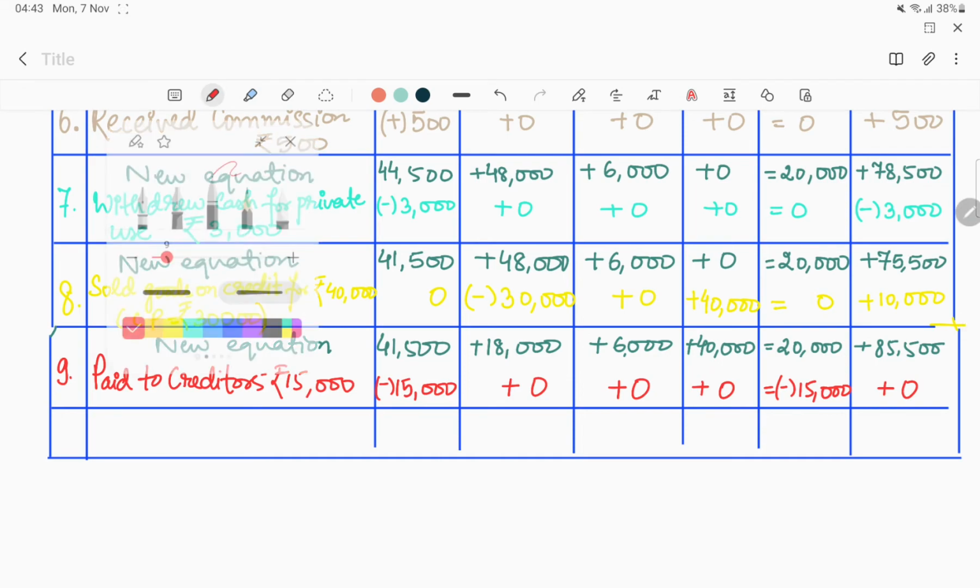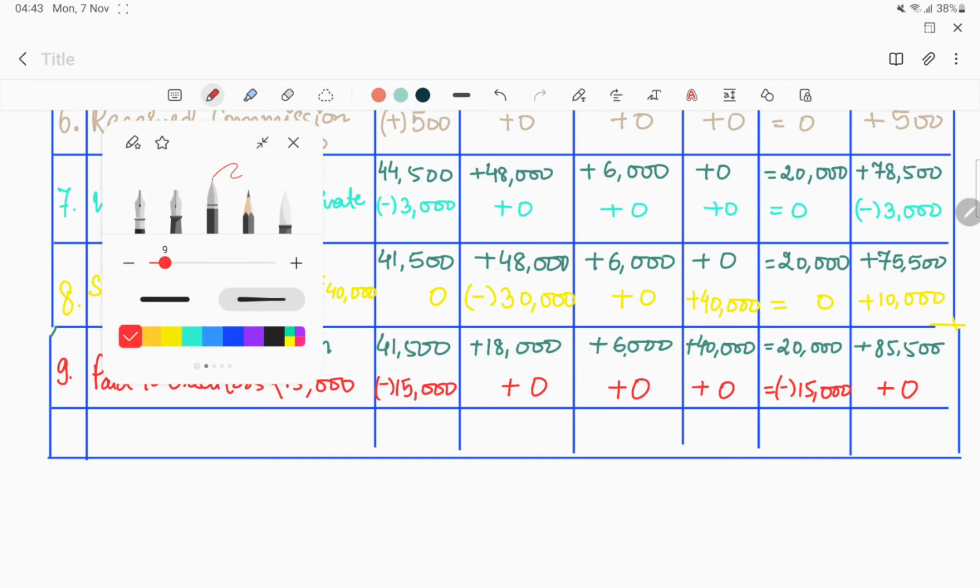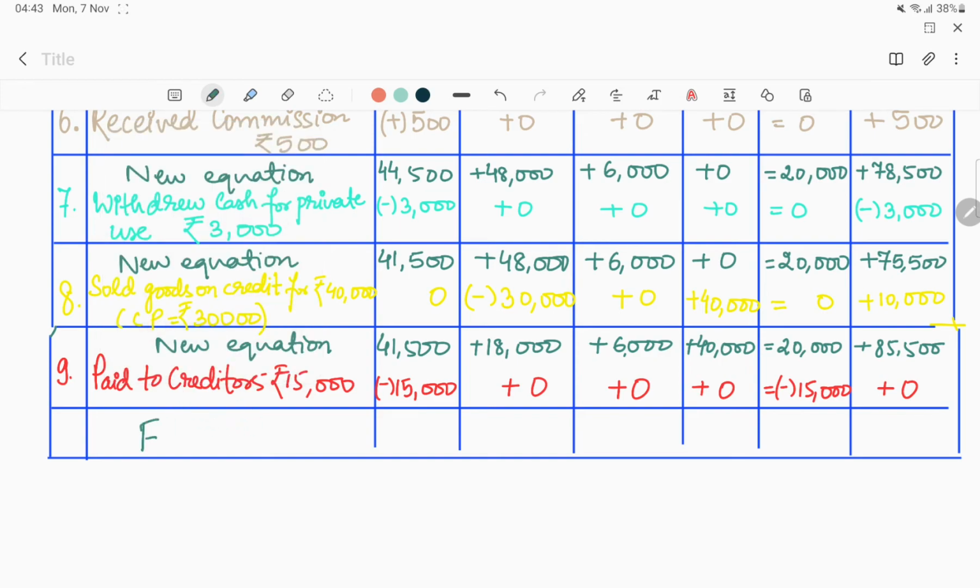So let's write the final equation. To write the final equation, just see the previous two rows. 41,500 minus 15,000 will be 26,500.